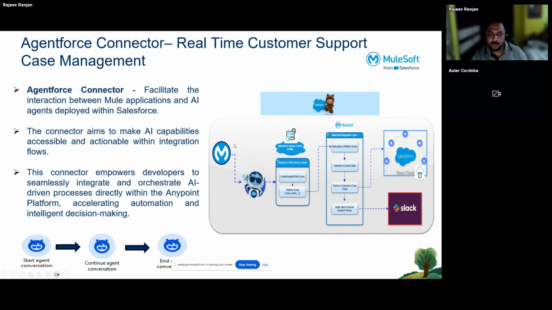So here the third version we are going to see, like how Mule is going to represent the Agentforce connectors. Through Mule, how we are going to connect the same agents which we are already using, that is the activated agent.